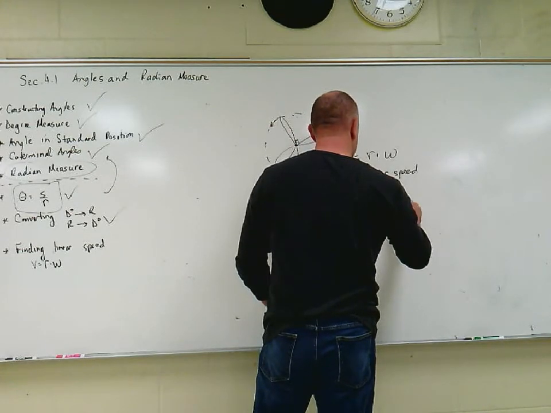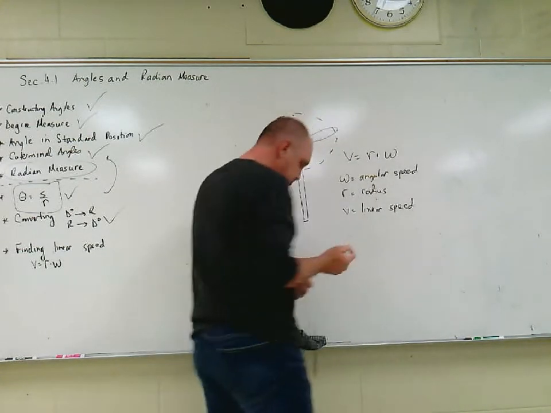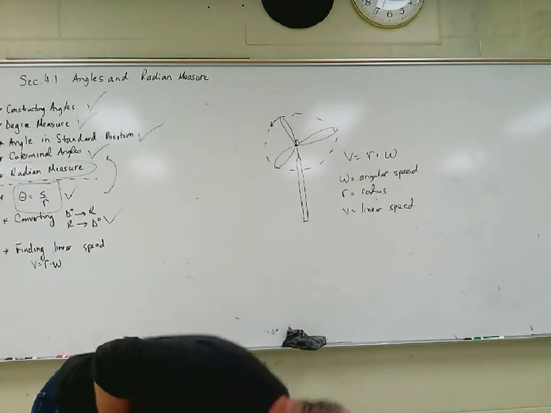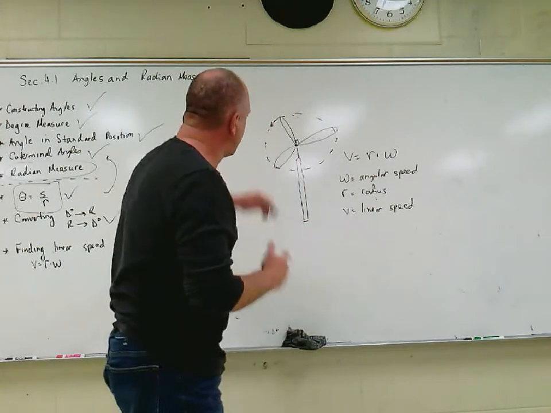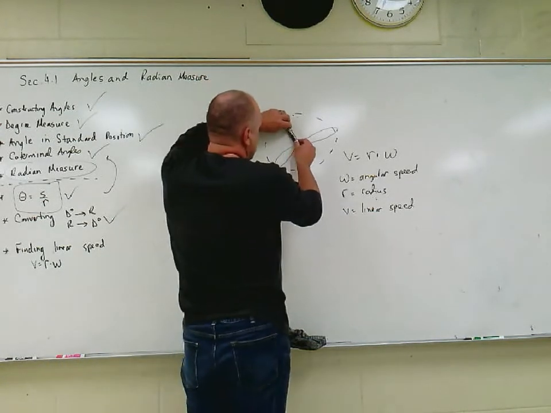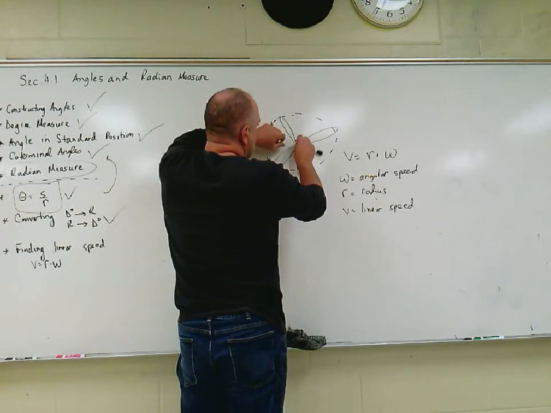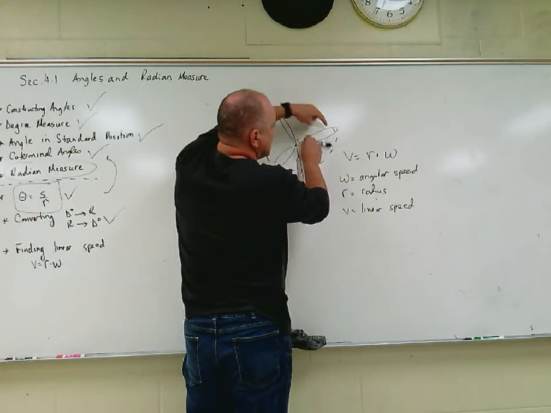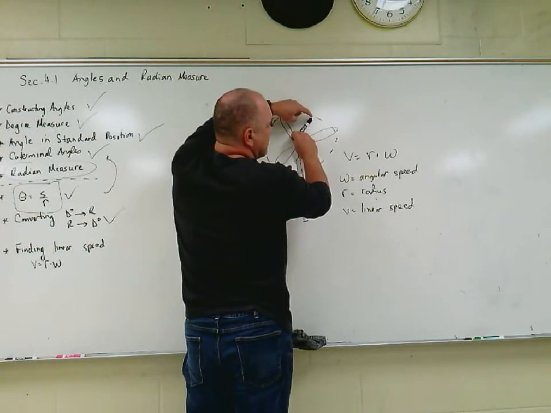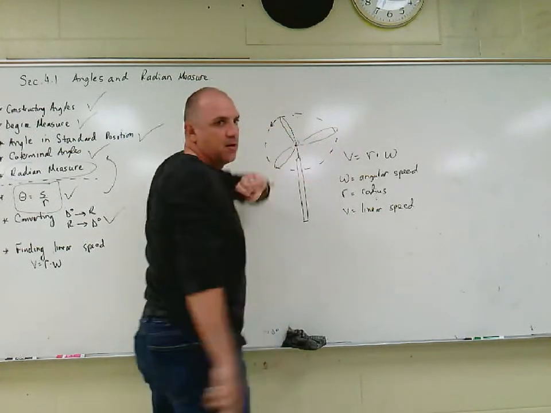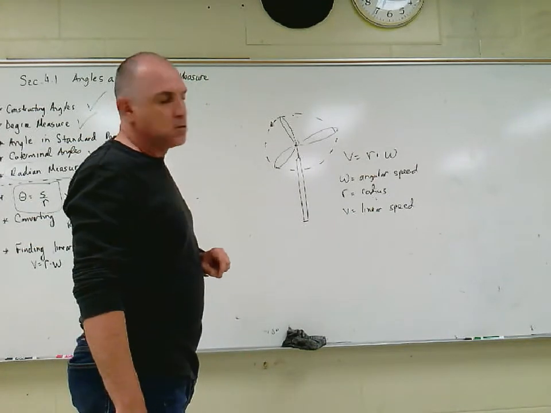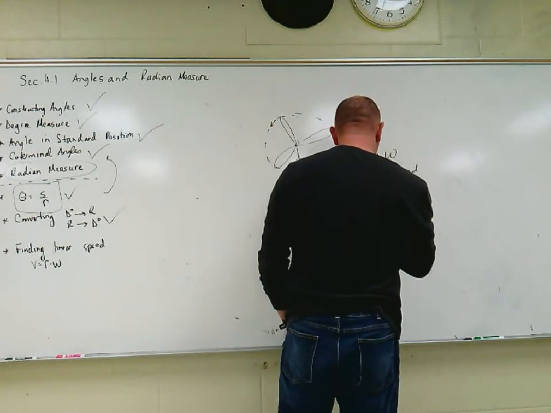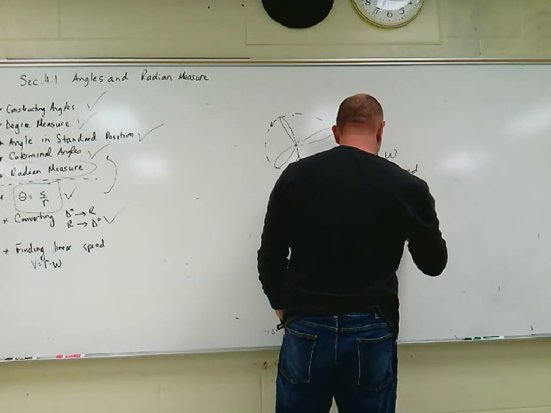So let's talk about the two types of speeds that there are. There's a speed at which the fan turns, but notice at this speed, the tip also has a speed that it is moving at. It will also be a factor of what that length is. So what we're going to calculate is the linear speed, and for this problem, it's going to be the tip of the fan blade.